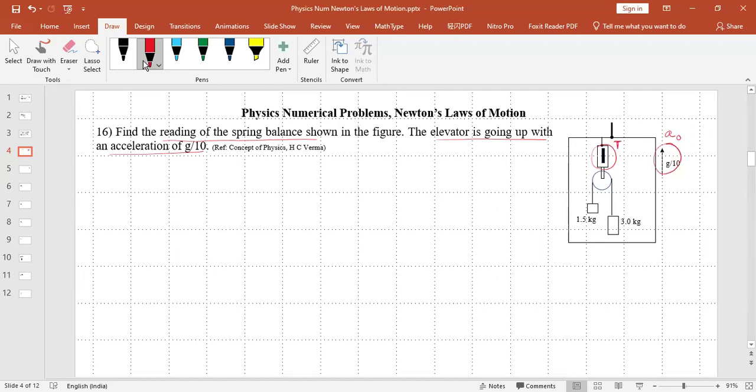If the tension here is T, then the tension here is obviously T by 2. Total tension is divided between the two. And in order to solve the problem, let us consider this 1.5 kg body as a free body.